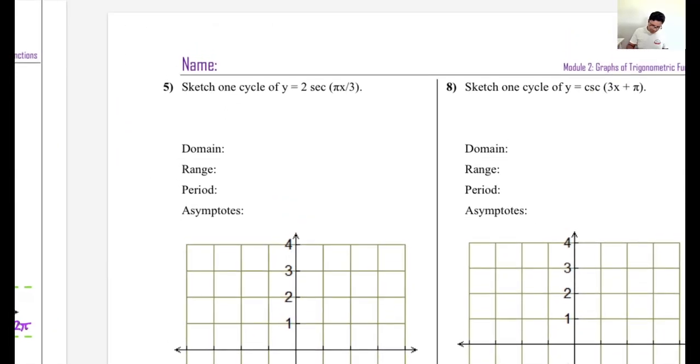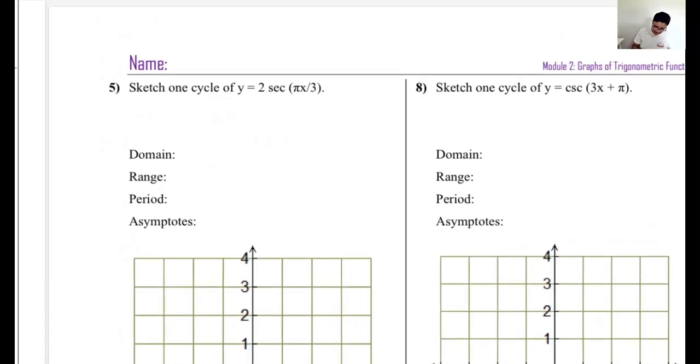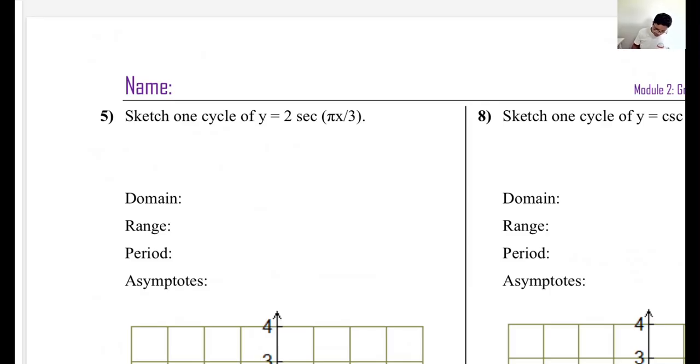Some more practice problems now. Sketch one cycle of the function 2 sec pi x over 3. We will try to obtain these parameters first, domain, range and so on. Here, multiplying by 2, we've done this work before. Multiplying the angle does not change the range, but multiplying by 2 changes the range.